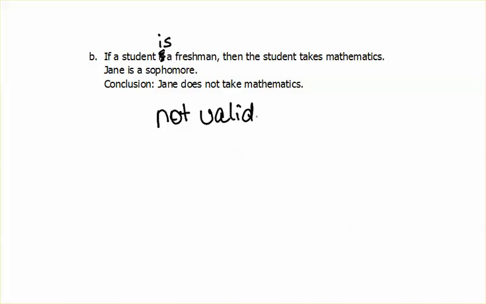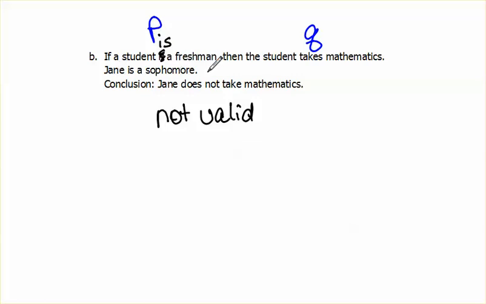And I can tell you it's not valid because if we were to say, if a student is a freshman, then the student takes mathematics, this is P and this is Q. Jane is a sophomore.